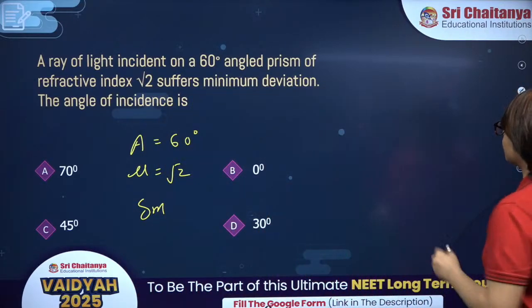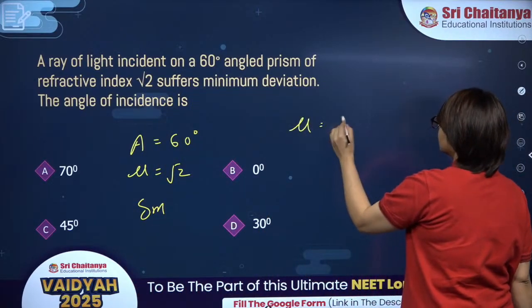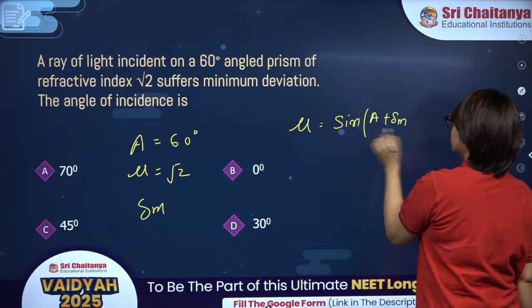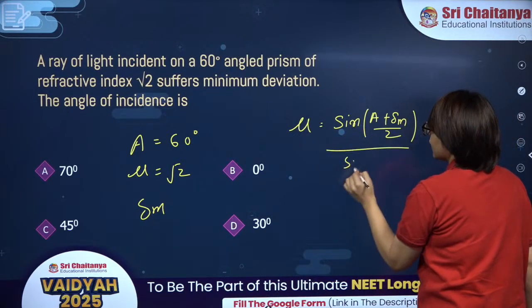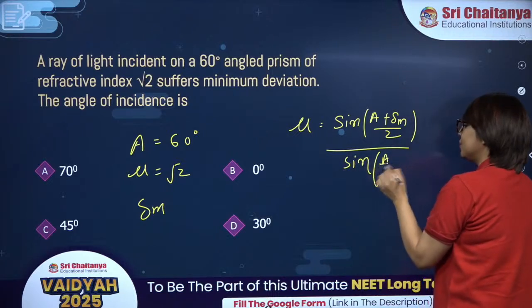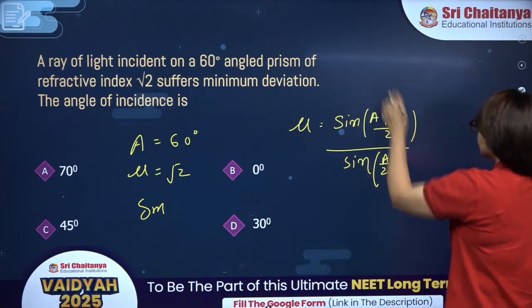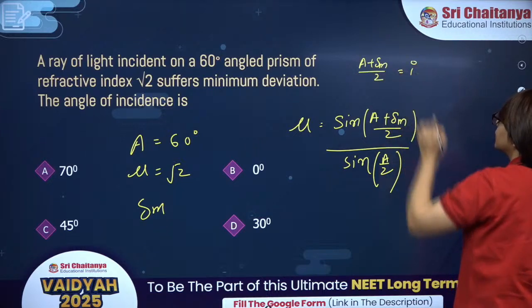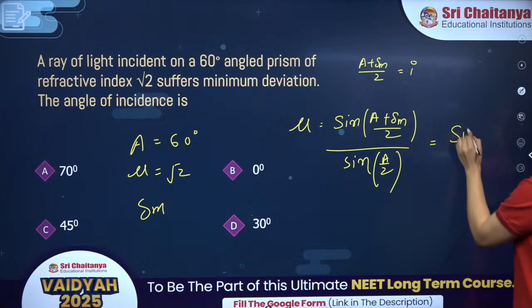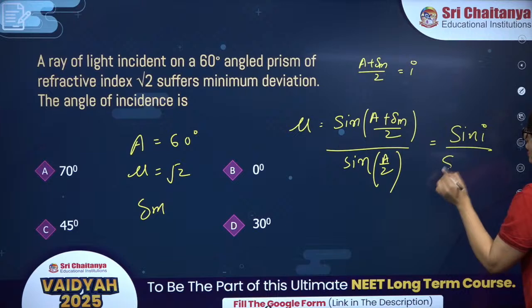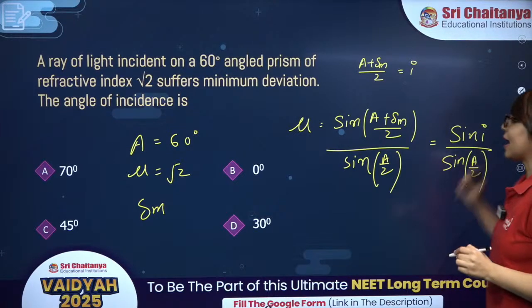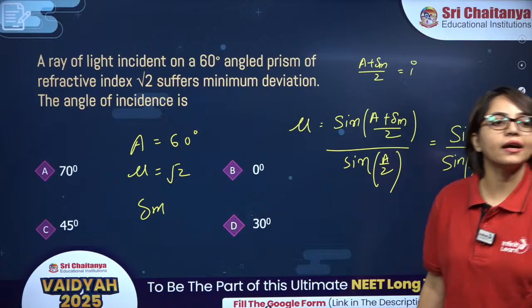You can apply this formula: mu is equal to sine of (A plus delta m) by 2 divided by sine of A by 2 for minimum deviation. Here (A plus delta m) by 2 is nothing but the angle of incidence, so it can be written as sine I divided by sine of A by 2 only. We have to find I, the angle of incidence, not delta m.